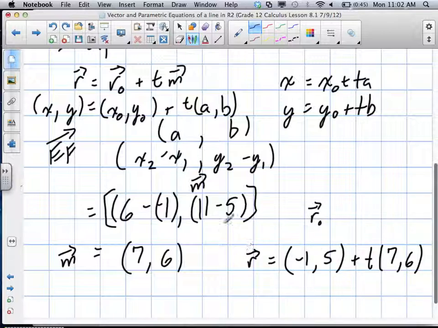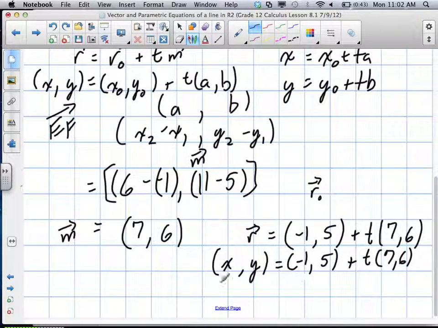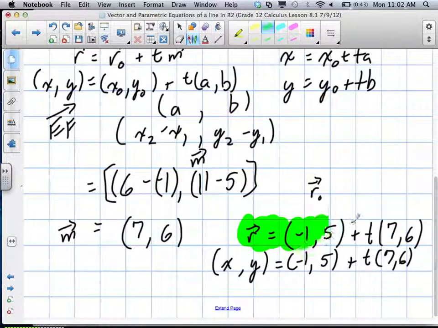So we're in component form right now for our vector equation. We've done that one. They also want us to write the equation in parametric form. So in parametric form, it may be easier if we convert vector r to its components. x, y is equal to -1, 5, plus t, 7, 6. Okay. So remember, we are finished our vector form. This is one of the things we needed to find.